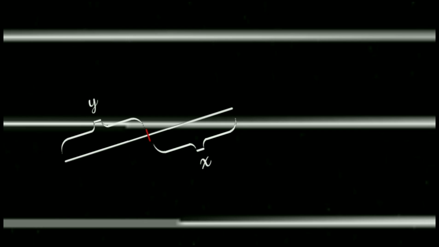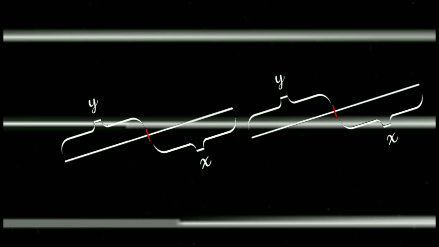Now, recall from before that there were only three different possibilities for the values of capital X and capital Y. The first possibility is that capital X equals 1 and capital Y equals 0. Now, here comes the neat part. Every time the segment X hits one of the lines, we can guarantee that the segment Y doesn't, and vice versa.